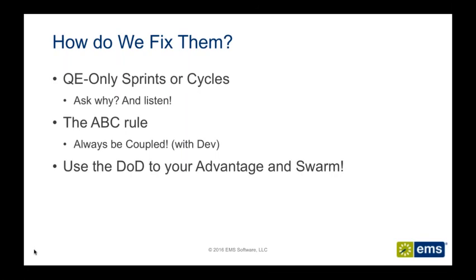And if they're not, we immediately discuss that in stand-up. And the next questions are, when will these be ready? And will they impact our schedule for being able to complete what we committed to at planning? And if so, what will the team decide to either remove, or what will the team decide to do in order to make up that time? And really having that deliberate conversation within the stand-up.